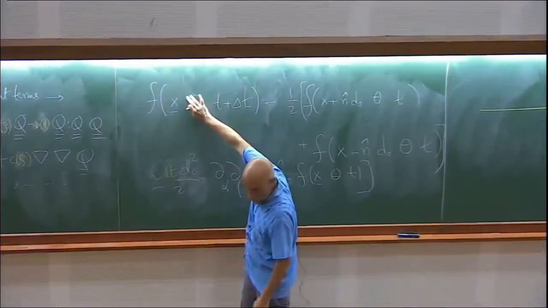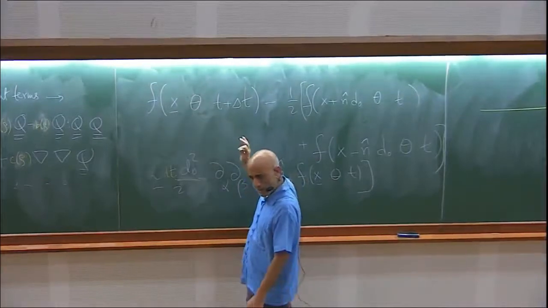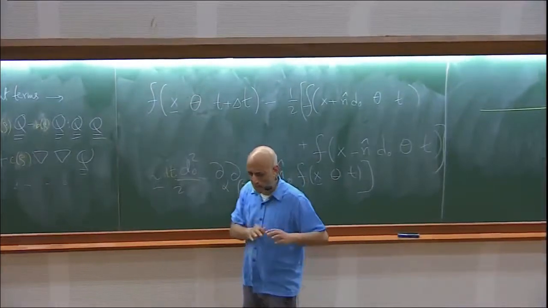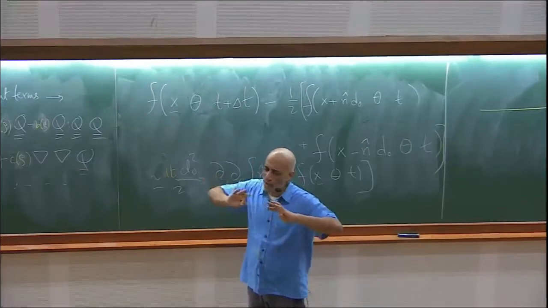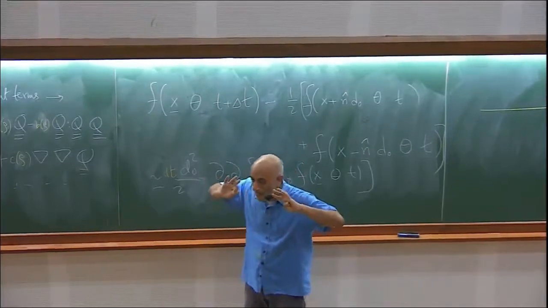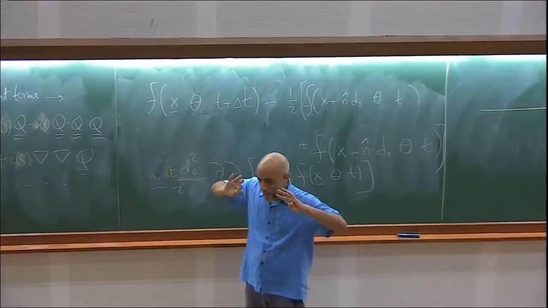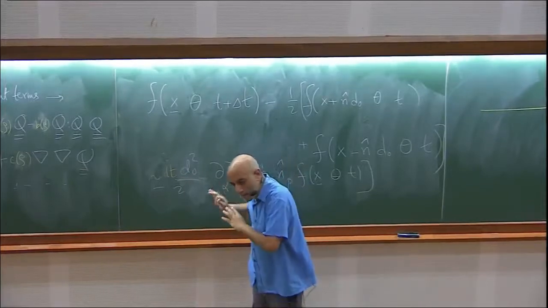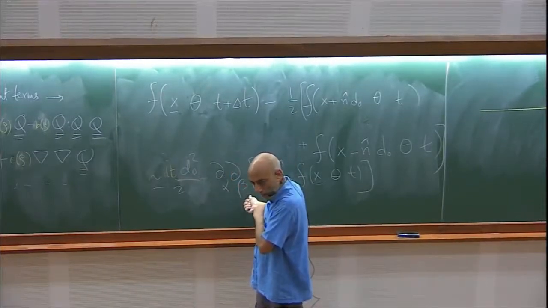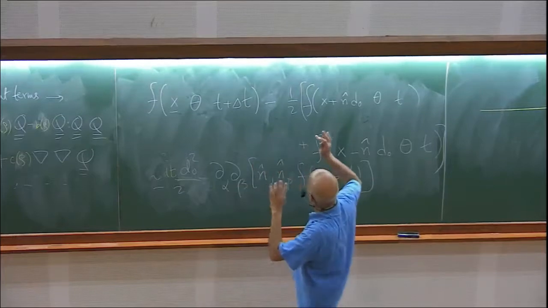I forget about theta. I have f of x, t plus delta t. When you do it that way, you'll get all the dt's, right? So the complication here has nothing to do with the fact that I'm keeping track of n. It is just that I was being sloppy somewhere.